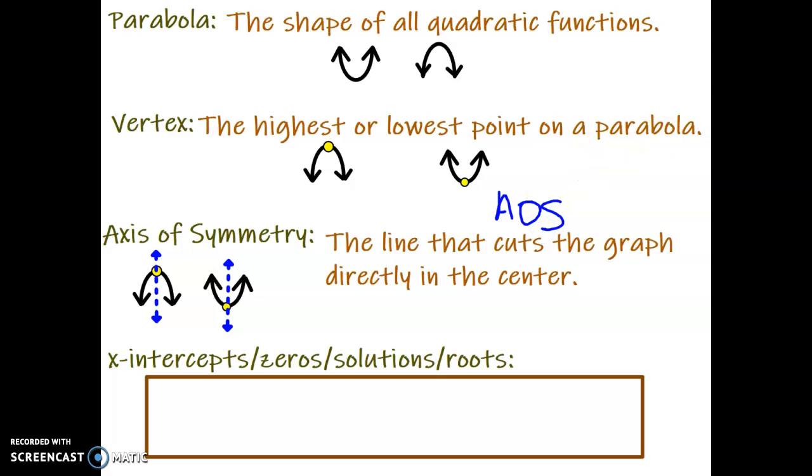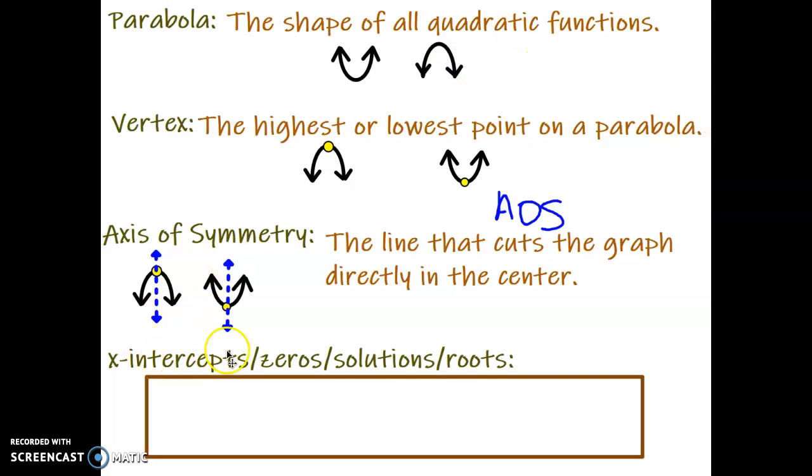So AOS stands for axis of symmetry if you see that written anywhere. And you can see it's the blue dotted line that goes directly through the vertex, and it cuts the parabola in half. If we were to fold it over on the axis of symmetry, it would fold right back over on top of itself.